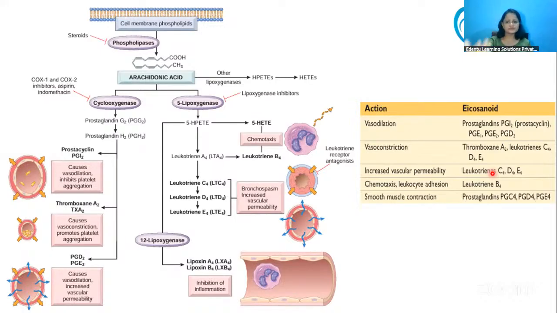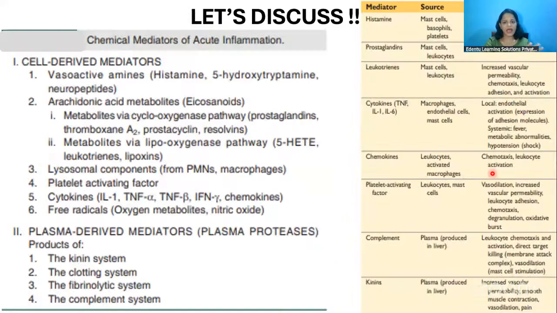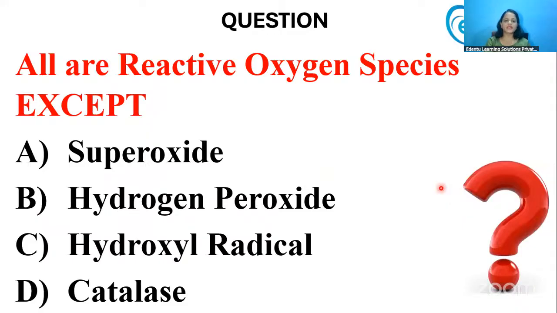You should generally have an idea about all the chemical mediators and their functions. It is given in this table here. You can refer to this table for where a particular mediator is secreted from and what its actions are. So, moving on to the next question.